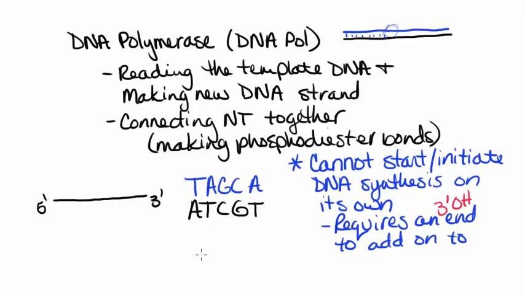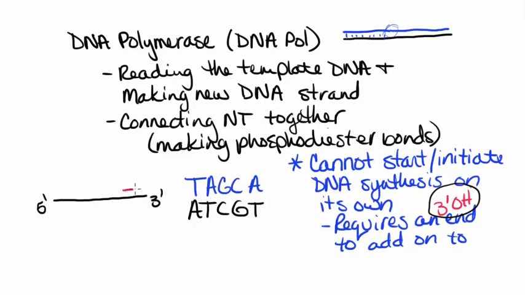We are going to have anti-parallel synthesis, so we want to make our new DNA in the opposite orientation of the old DNA strand, and it is always going to be DNA polymerase adding on to the 3' end. So we will need to have another molecule to get us started.